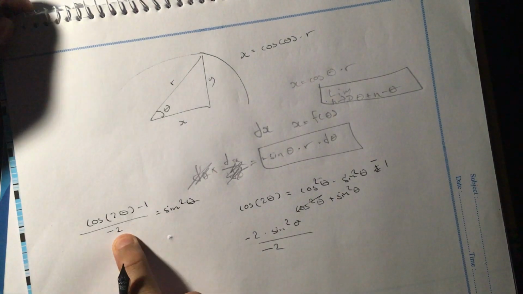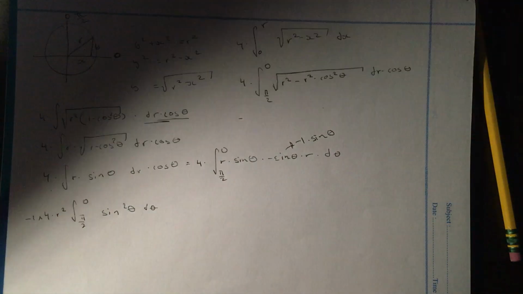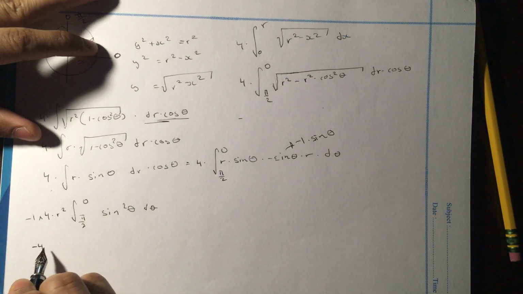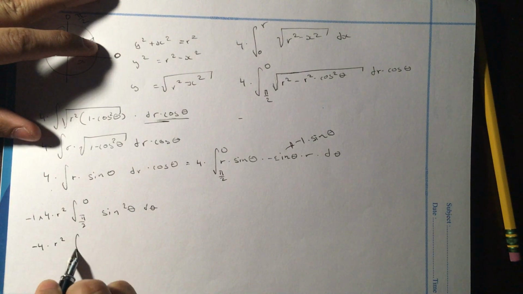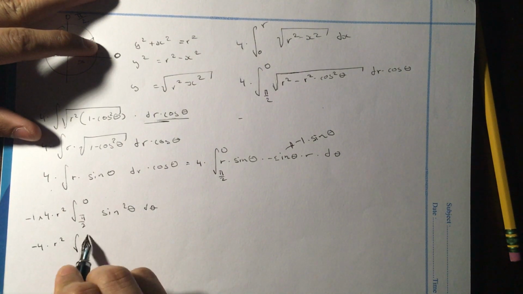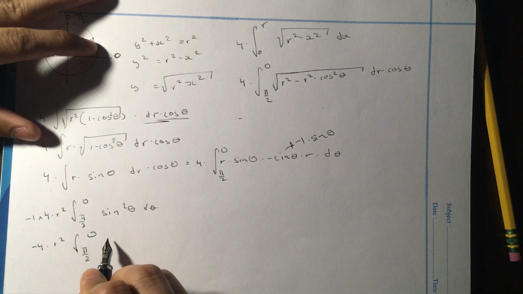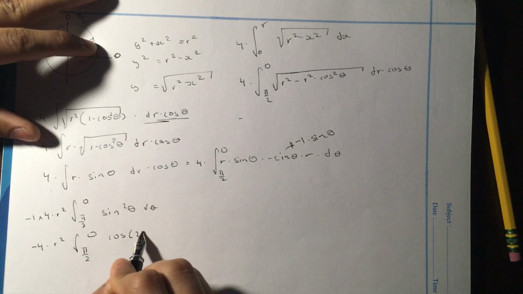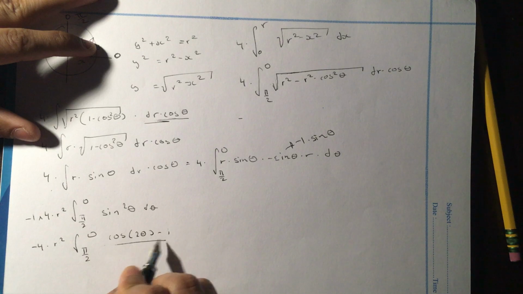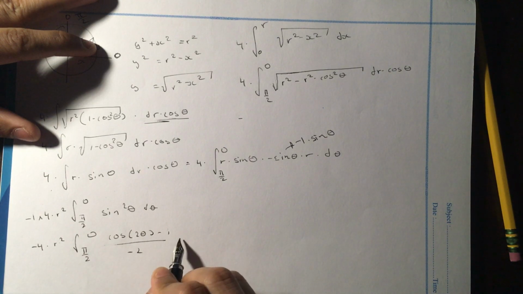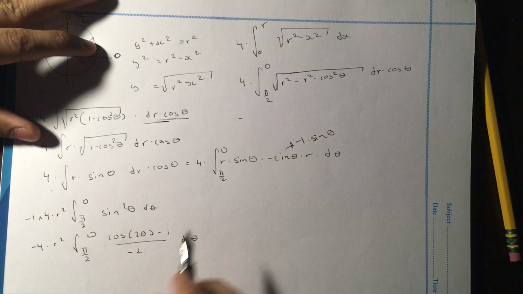Okay, there you go. We plug this back in and we're almost done. So now we have negative 4 times r squared times the integral from pi over 2 to 0 of cos of 2 theta subtract 1 divided by negative 2 with respect to theta, of course.